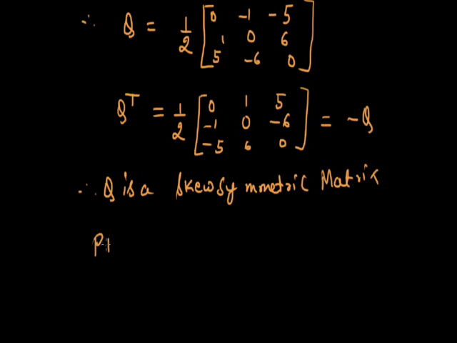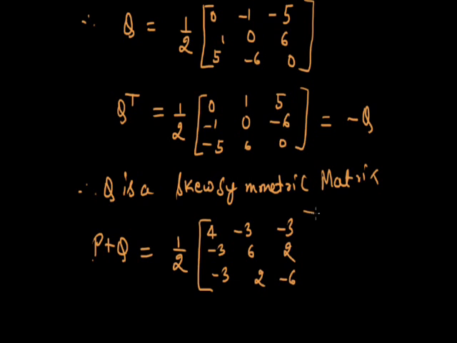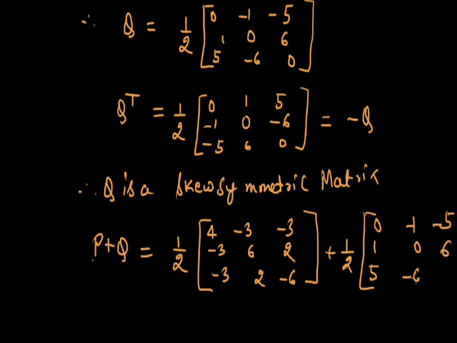Now P plus Q. Now P is a symmetric matrix and Q is a skew symmetric matrix. So P plus Q is equal to half of [4, -3, -3; -3, 6, 2; -3, 2, -6] plus half of [0, -1, -5; 1, 0, 6; 5, -6, 0].